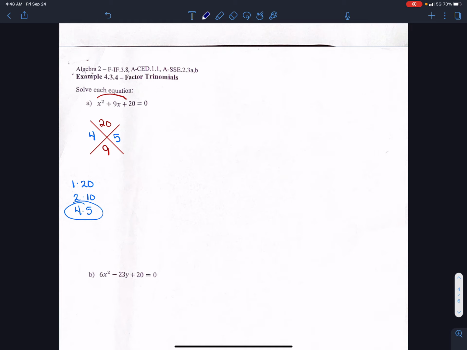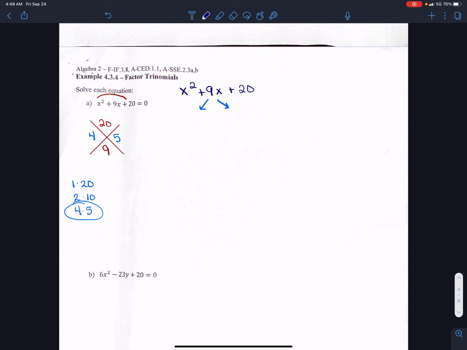All right, so rather than combining like terms, we are going to break it apart. So we're going to take this middle term and we're going to break it into 2 pieces.